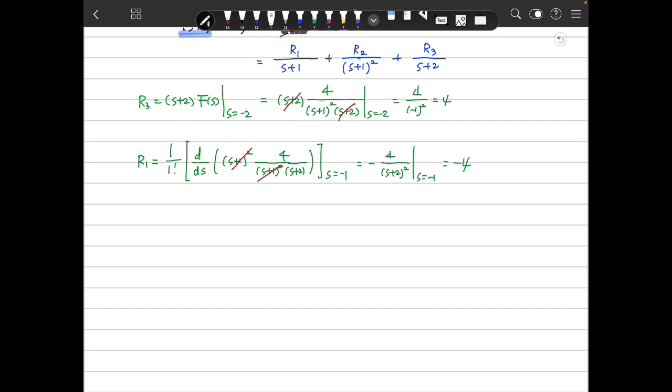And next is R2. We need to use the same formula.